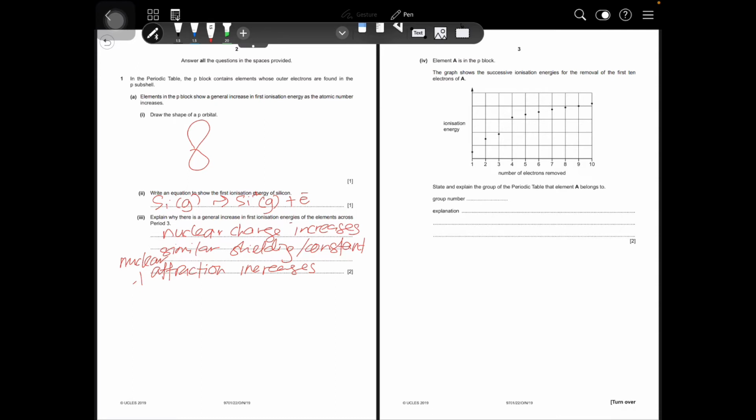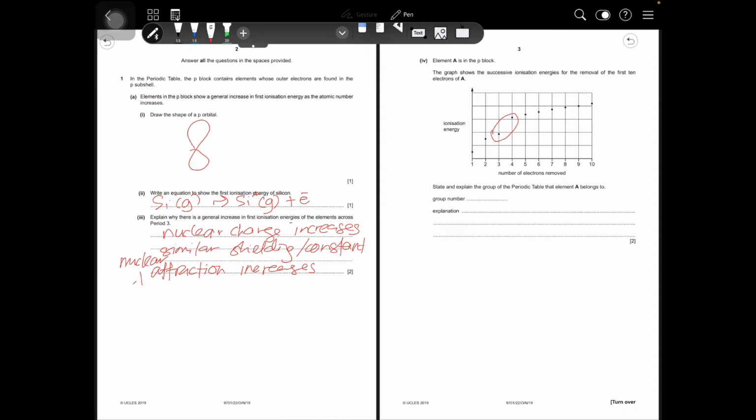So element A is in the p block. The graph shows the successive IEs for the removal of the first 10 electrons of A. State and explain the group of the periodic table that element A belongs to. In this type of question, you just need to find where a large increase in IE is. As you can see here, there is a large increase between the third and the fourth IE.